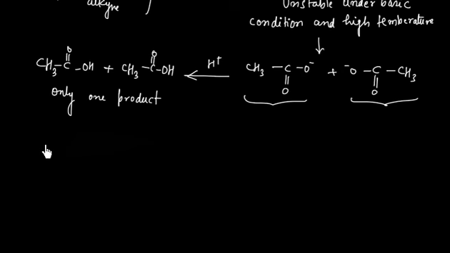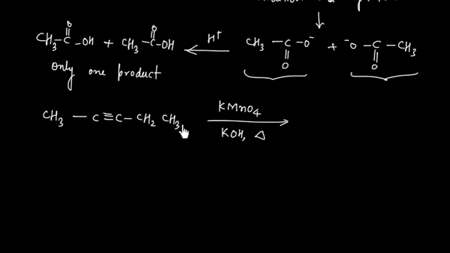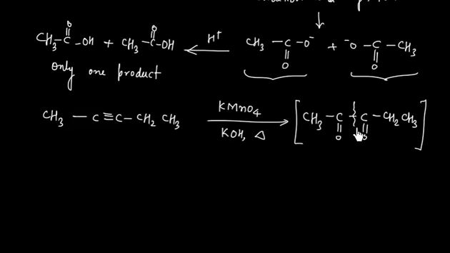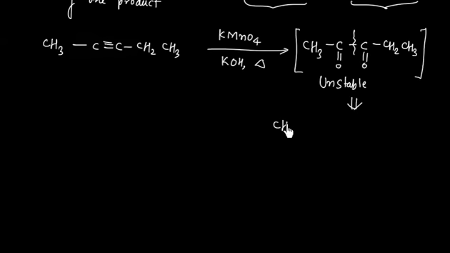If we have an unsymmetrical alkyne, for example CH3 C triple bond C, and this side we have CH2CH3, and if this is treated with KMnO4 and the medium is basic, warm also, it will first form diketone, and this diketone is unstable, so it will undergo oxidative cleavage to give salts of 2 acids.